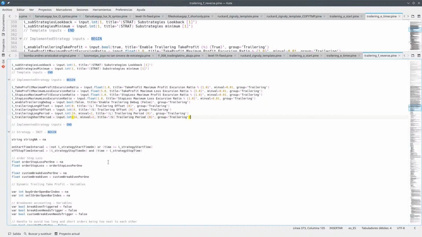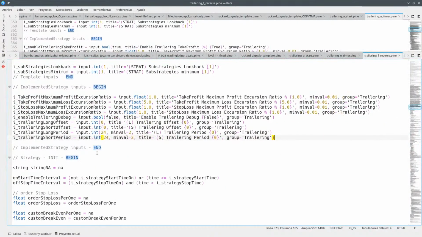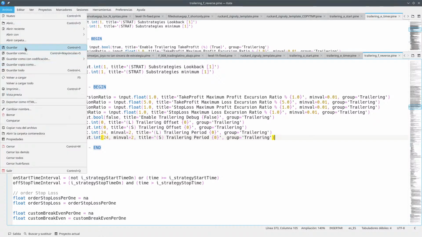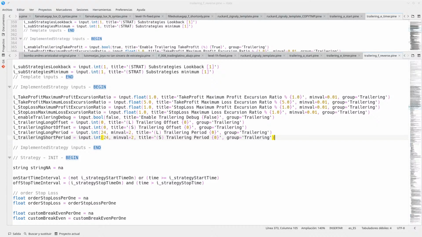I'm not sure what to do with this. Should we change only the variable names?